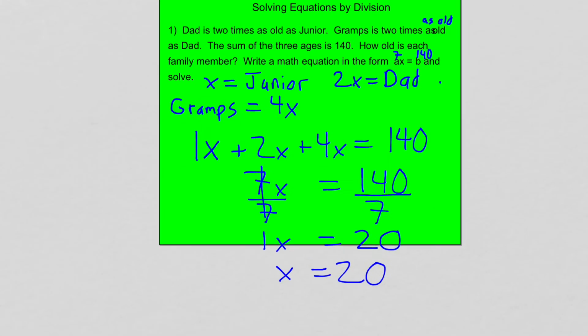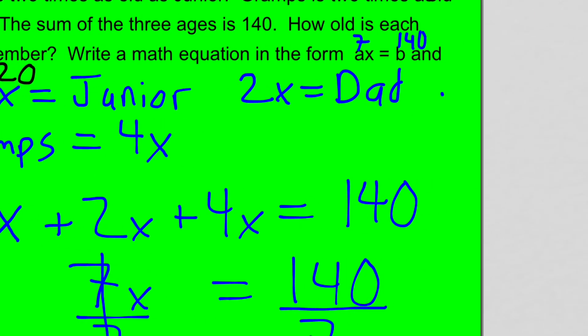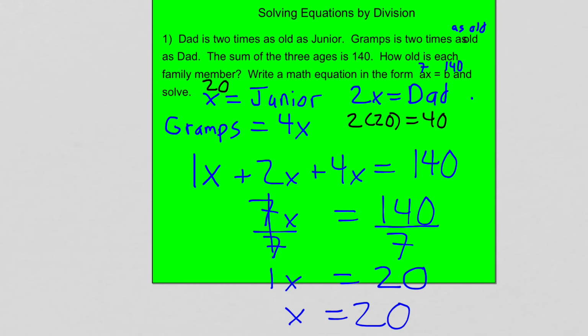Now we've said x was Junior. So that means Junior is 20. Now we said Dad was 2 times Junior, 2 times x. So if Dad is 2x and Junior is 20, Dad will be 2 times 20, which is 40.